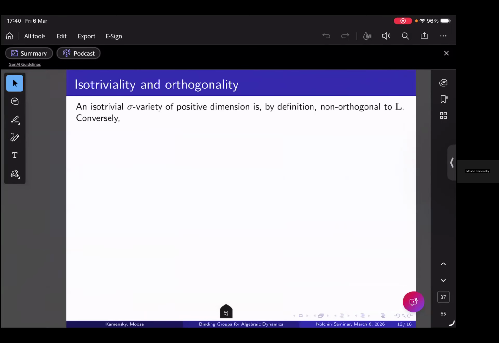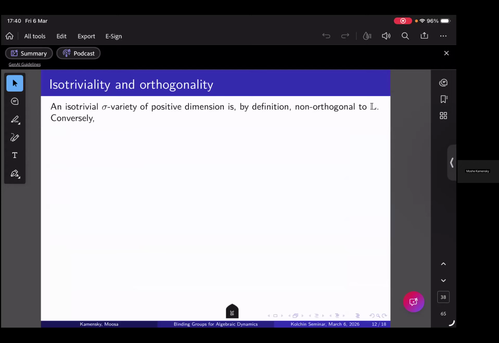So one thing you can ask is, how common is it to have an isotrivial dynamical system or an isotrivial sigma variety? Maybe the theorem doesn't say much about sigma varieties.